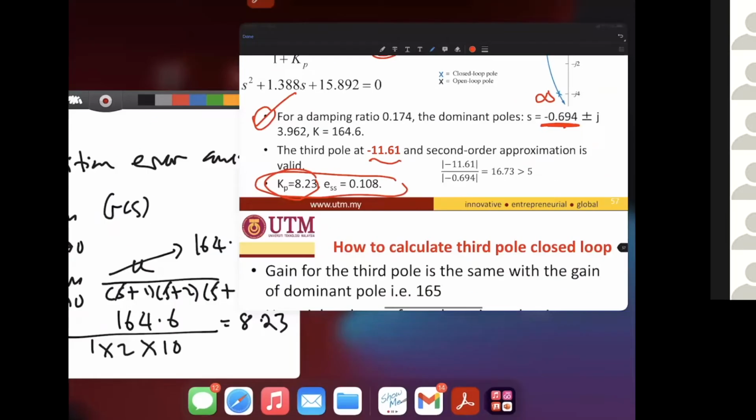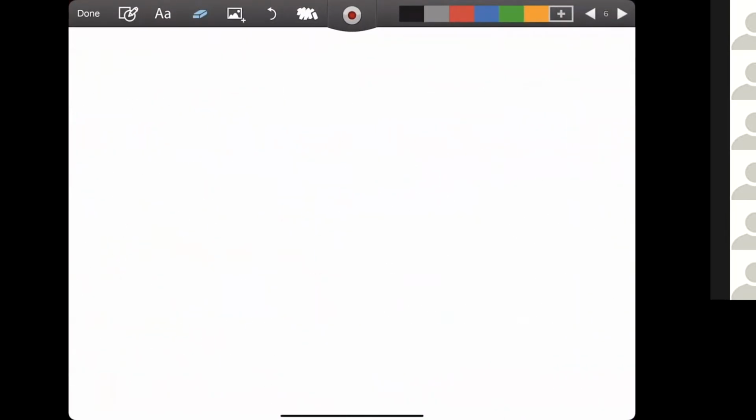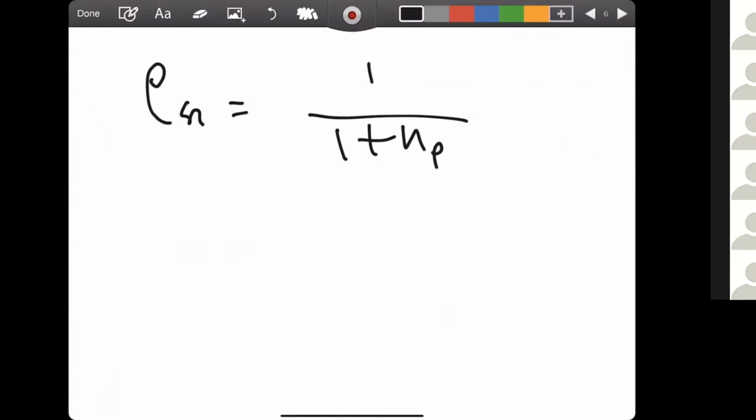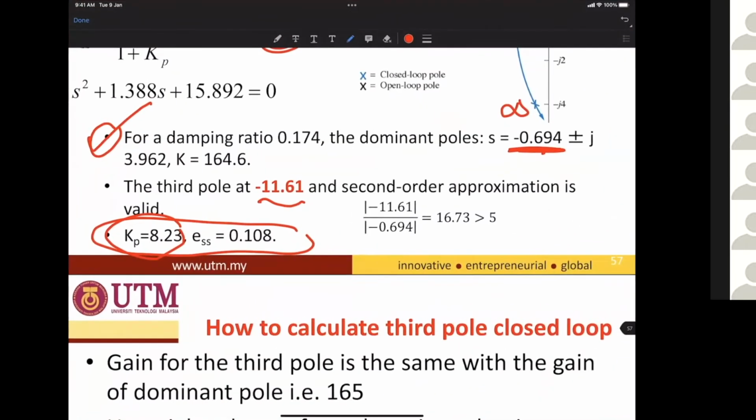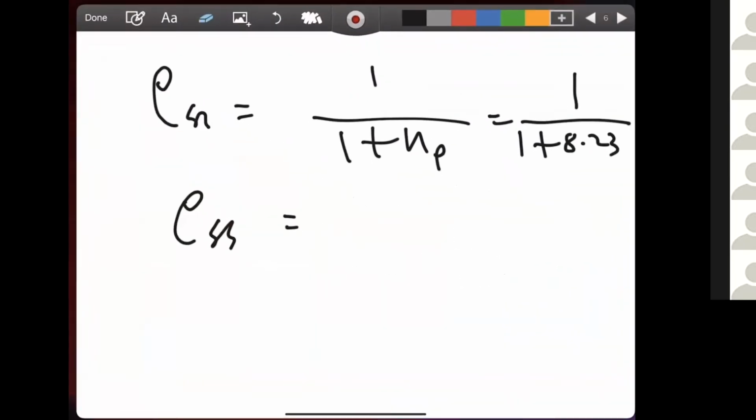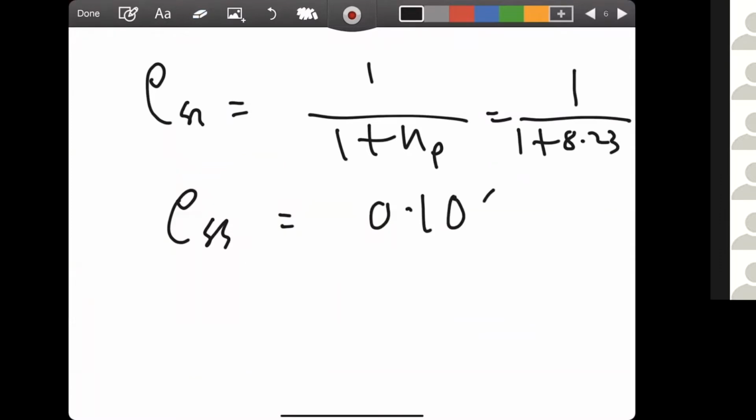Steady state error ya. Berapa? Benny Gumang. Berapa? 1.8. Steady state error. Okay. Right.